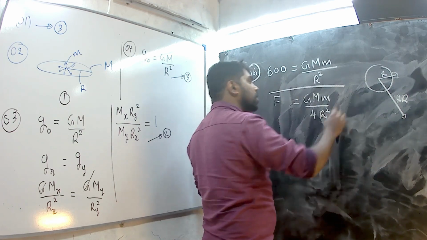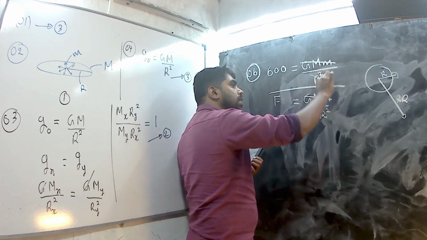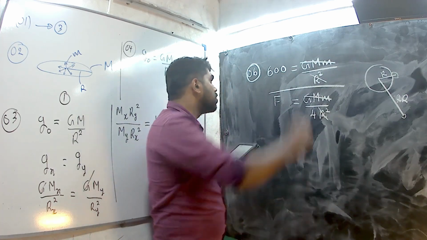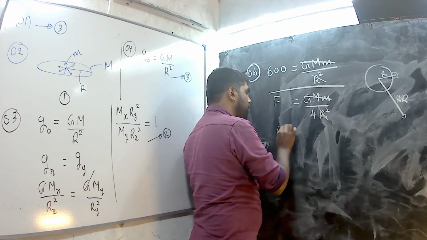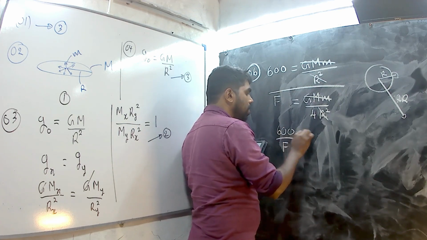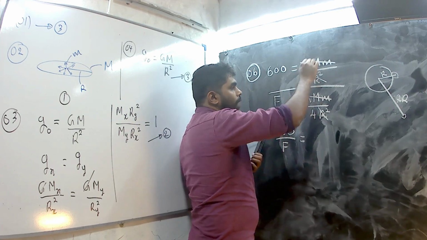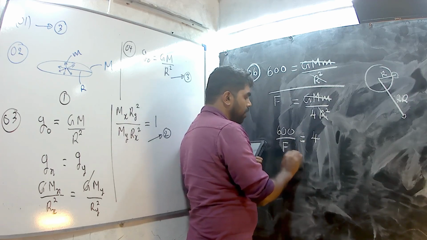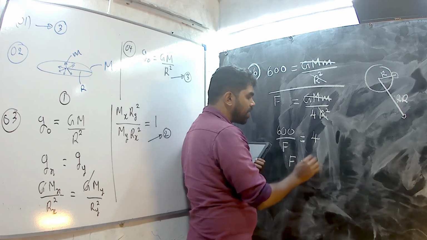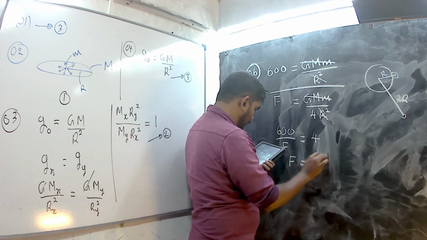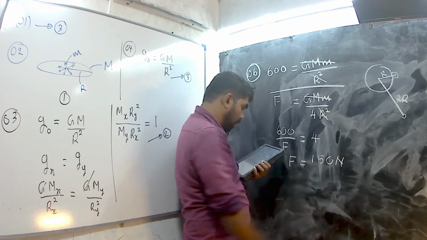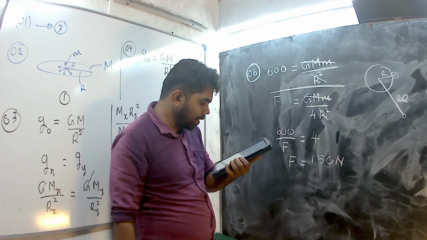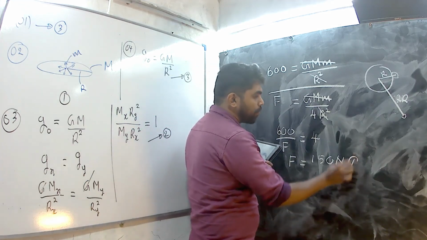Then we can divide both equations and cancel out terms. 600 divided by F equals 1 divided by 1 over 4, which means 4. F equals 600 divided by 4, which is 150 Newton. Then the first answer is correct for this question.